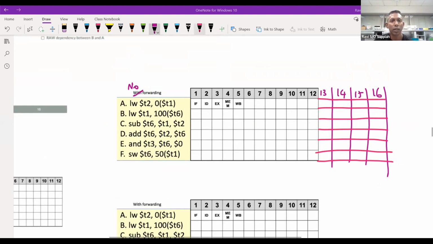So I will be able to execute fully: fetch, decode, execute, memory, and write back. Now for the third instruction, we can see that there is a dependency on T1. T1 will only be updated when I reach the memory stage.